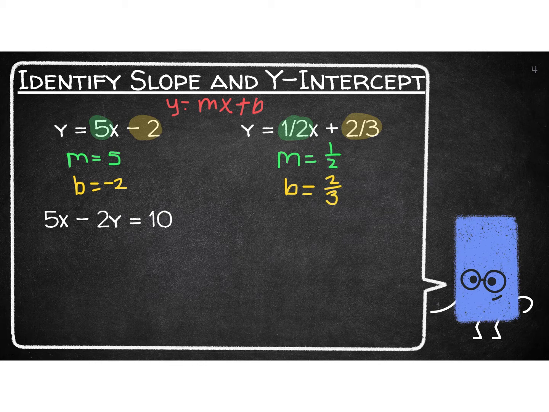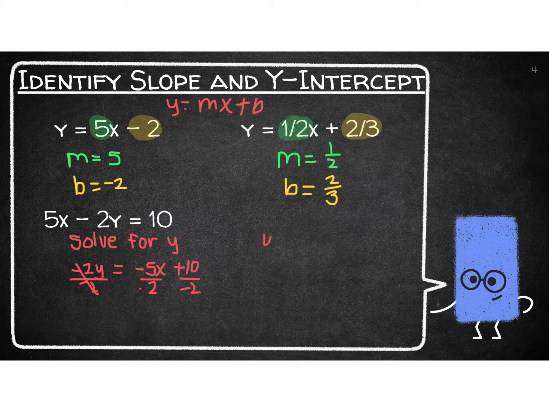Then we have the next one. This is not in y equals mx plus b format, so I need to solve for y. Then it will be in y equals mx plus b format. I'm going to start by subtracting the 5x, and then I have negative 2y equals negative 5x plus 10. It's still not solved for y, so I'm going to divide by the negative 2 and simplify.